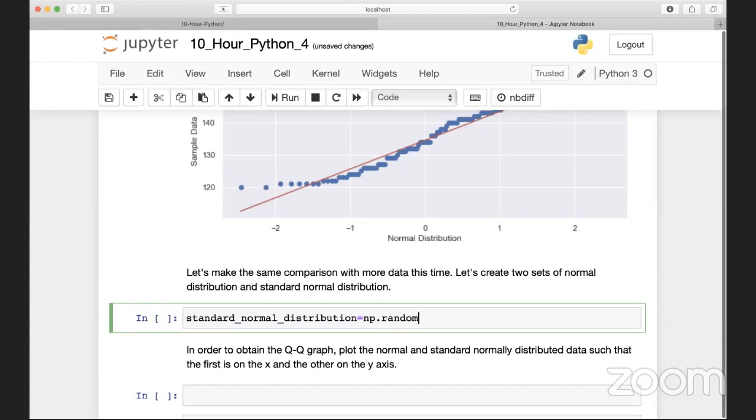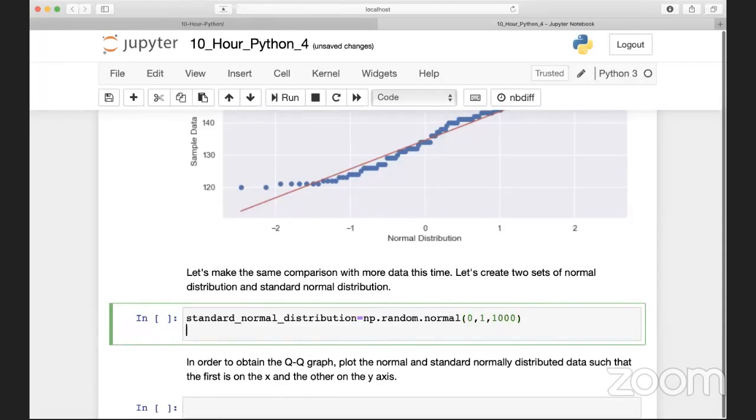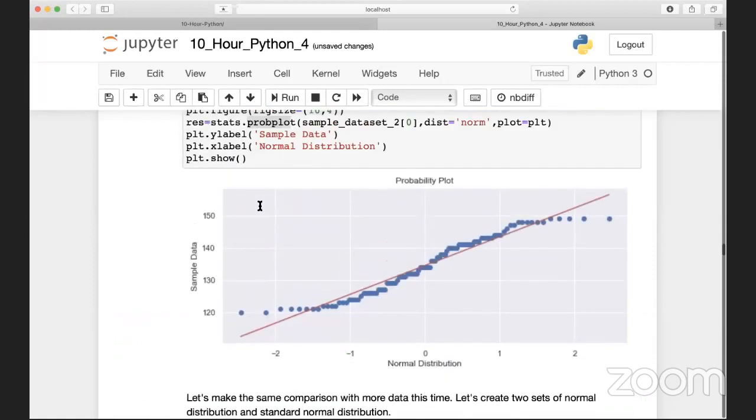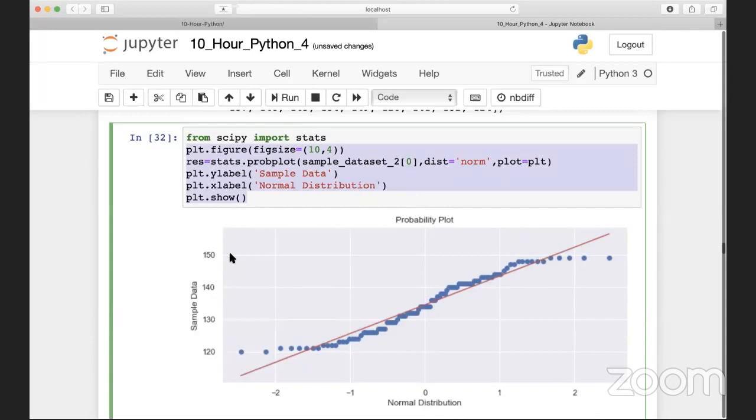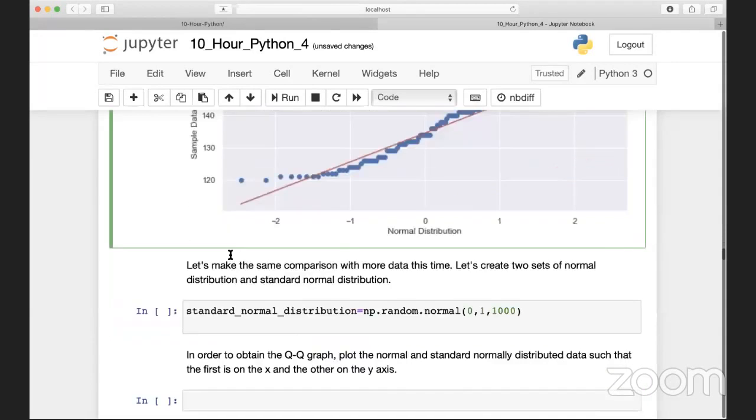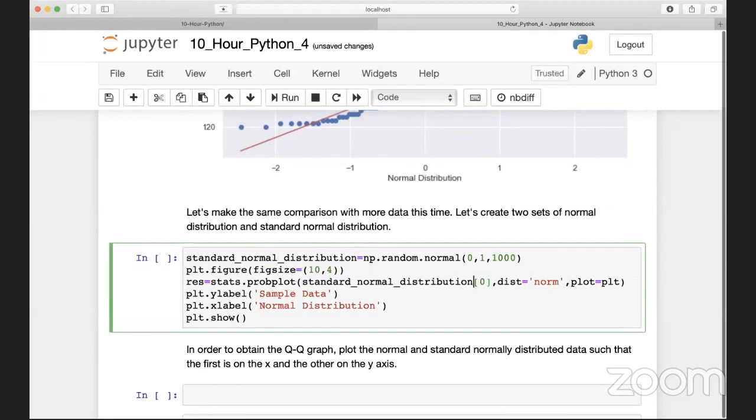I'm just using the NumPy random module and calling normal, but this time my mu is 0, standard deviation is 1, and how many numbers will I have? Doesn't matter. Let's say 1000. Okay, I have this one. Let me copy this and just change the name of the variable. I don't need this 0.